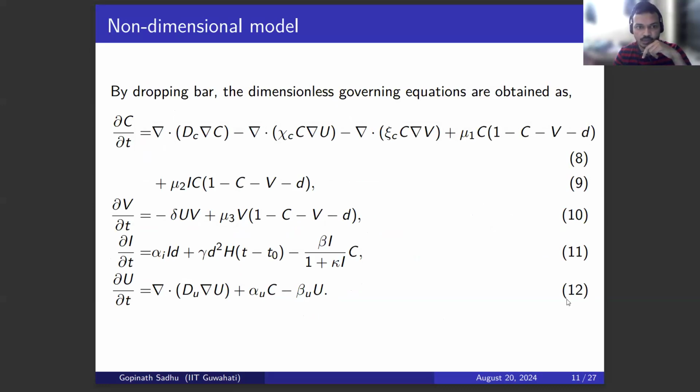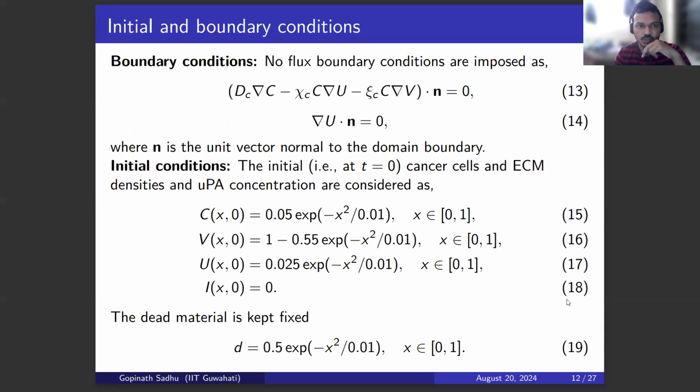And to close our model, the corresponding initial and boundary conditions are proposed. Here we consider the no-flux boundary condition for both, where spatial derivatives are present, and it is given by equations 13 and 14.